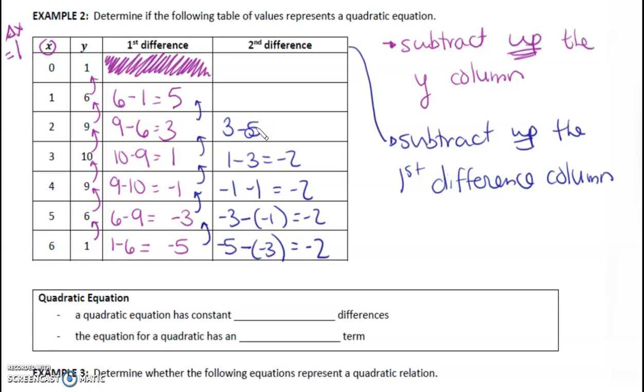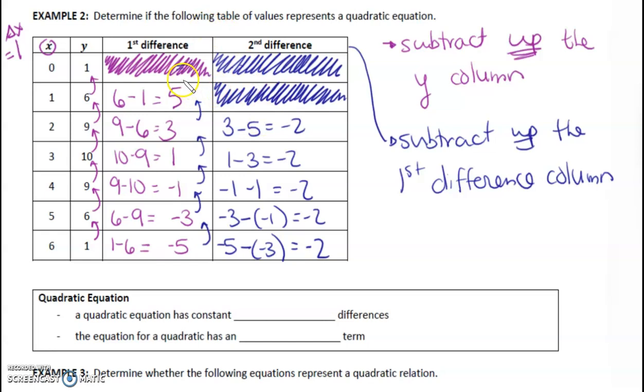And 3 minus 5 is -2. We already know that there's not going to be a value for that top box, but now it's even one less. So every time you do the next difference, it's one less box because there's no more numbers left to compare or to subtract.